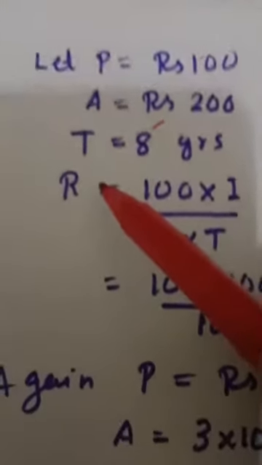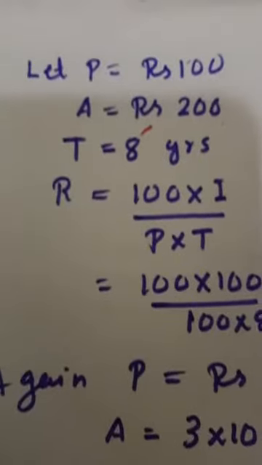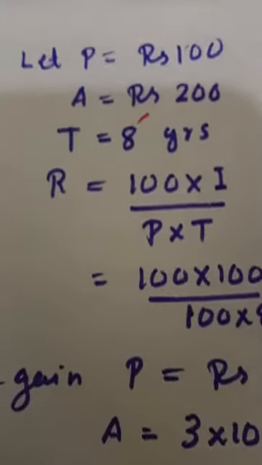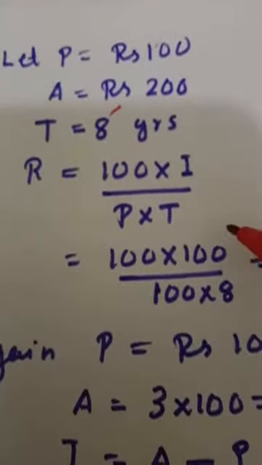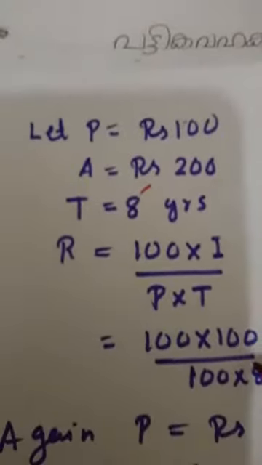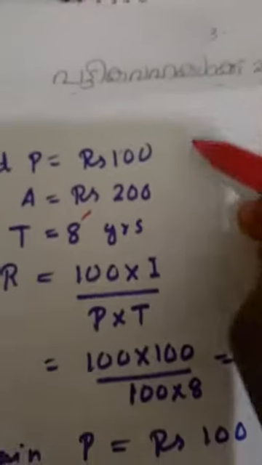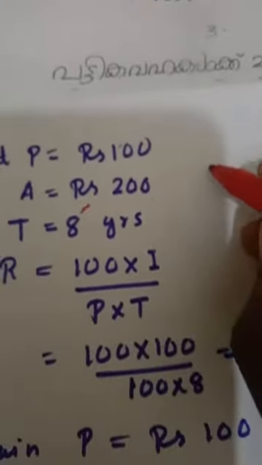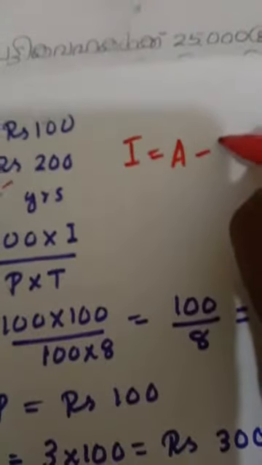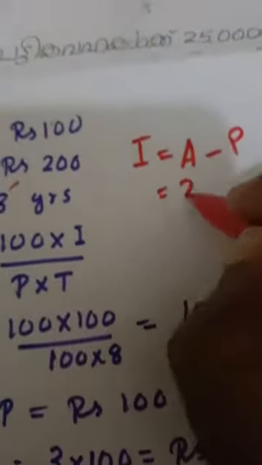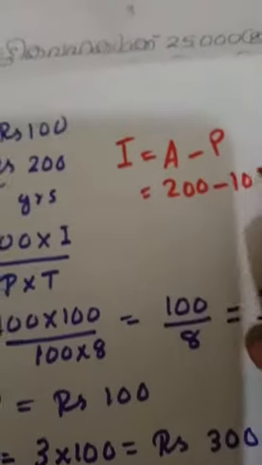So we want to find R. What is the formula for finding R? 100I by PT. So 100 into interest. How is interest 100? Interest is equal to amount minus principal. That is amount 200 minus 100.